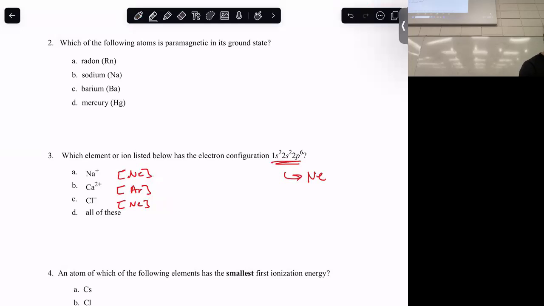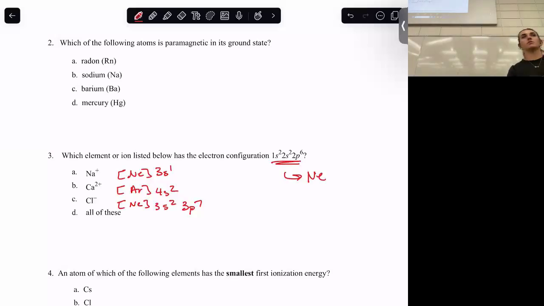Sorry, this is not good. That's for the ground state of all of these.